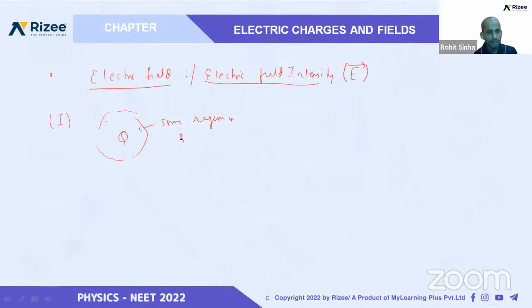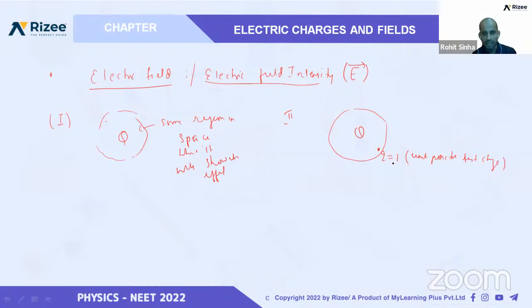Now, suppose a small charge is put here, and that charge has value 1. We call it a unit positive test charge.